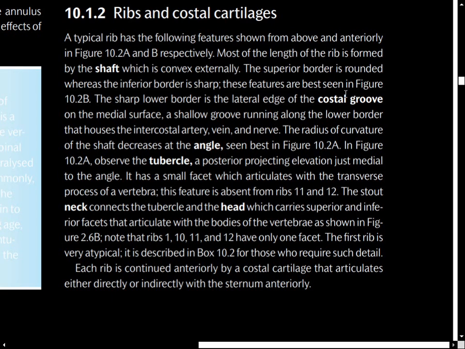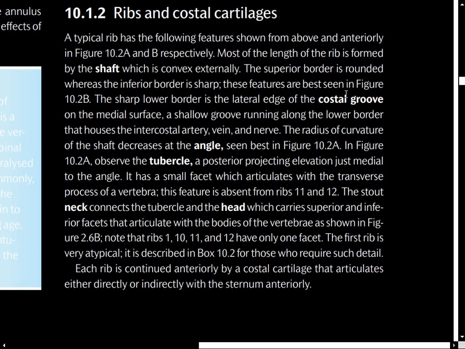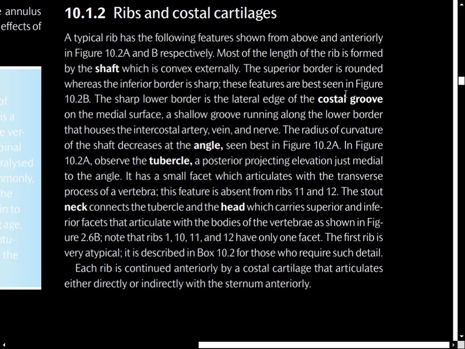In the figure, observe the tubercle, a posterior projection, an elevation just medial to the angle. It has a small facet which articulates with the transverse process of the vertebra.